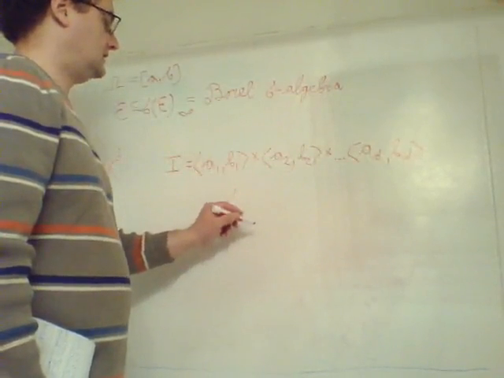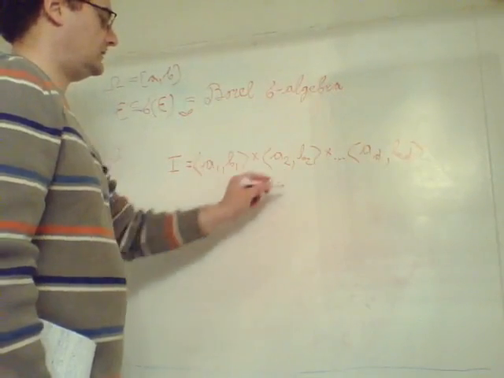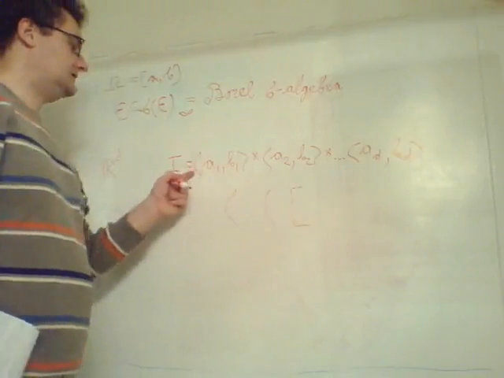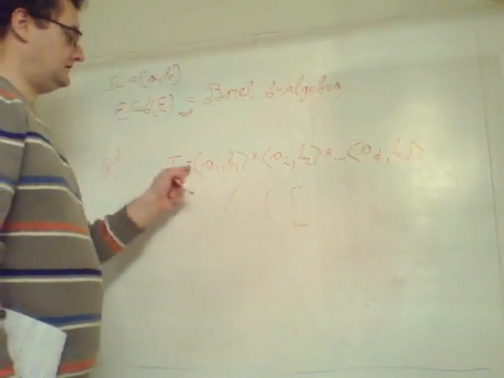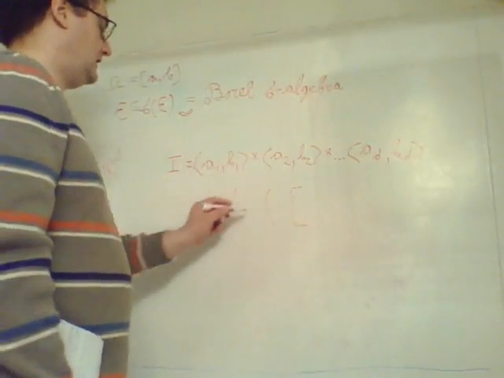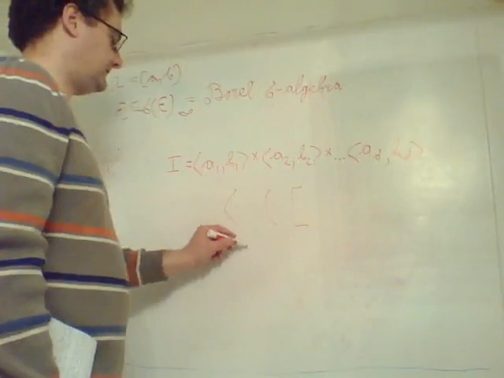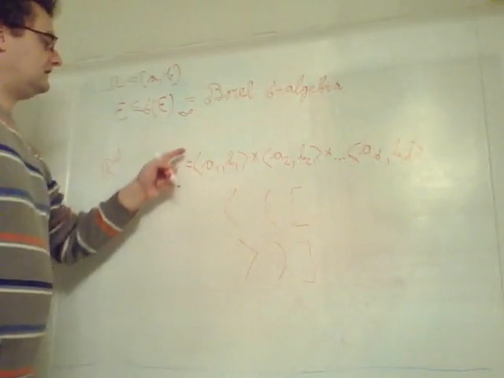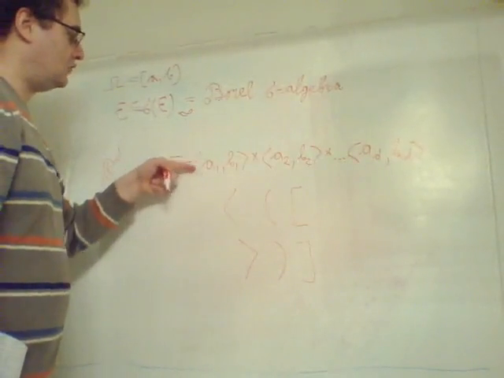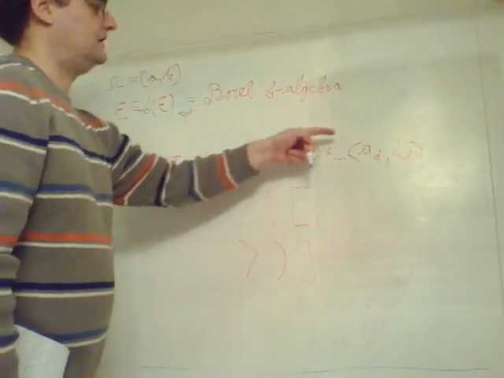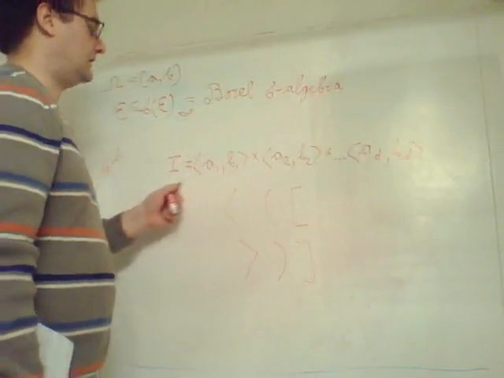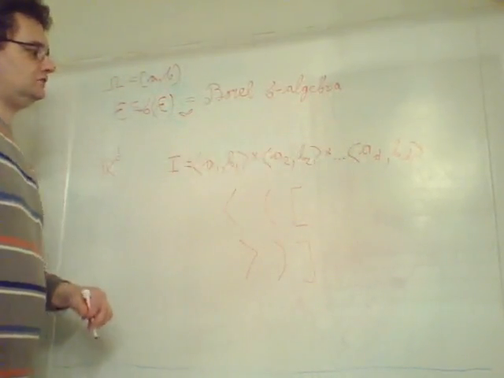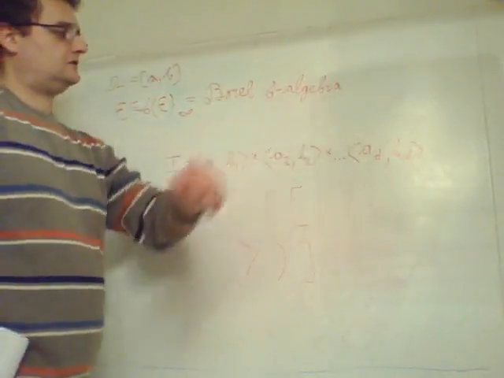open or closed, so either include this point or not. And this one stands for either this one or this one. So you can take here open and here closed, and here closed or open, whichever combination you want, and also on the right hand side as well.